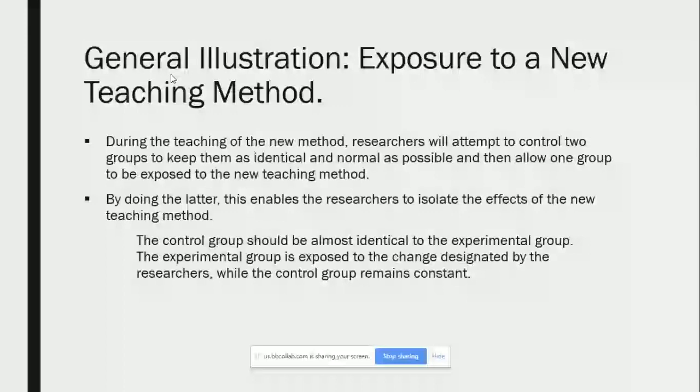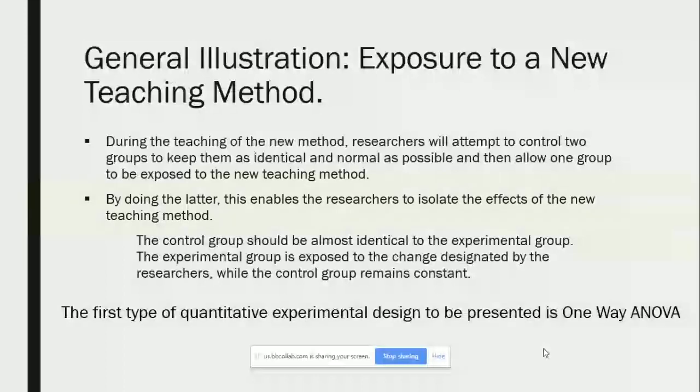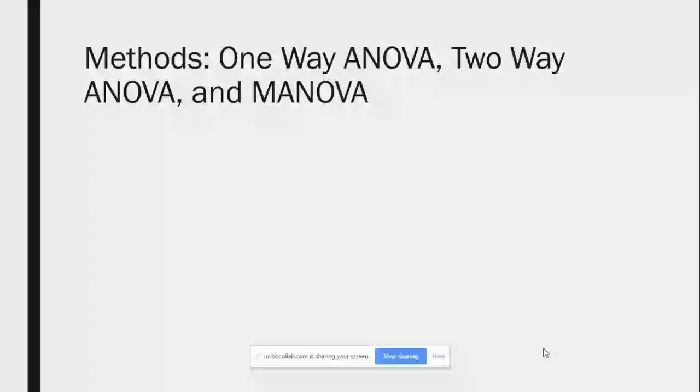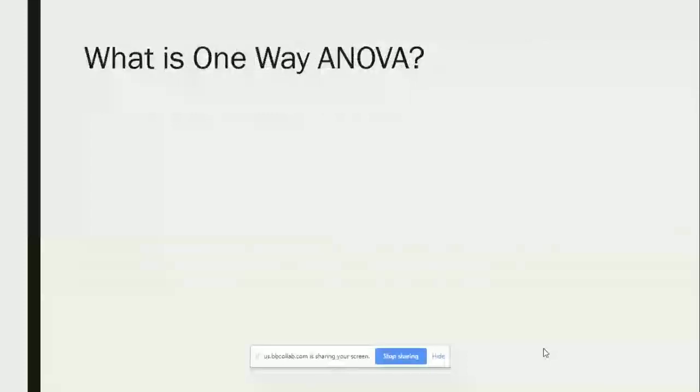The first type of quantitative experimental design that we're going to look at will be the one-way ANOVA. So what is the one-way ANOVA? ANOVA is short for analysis of variance.